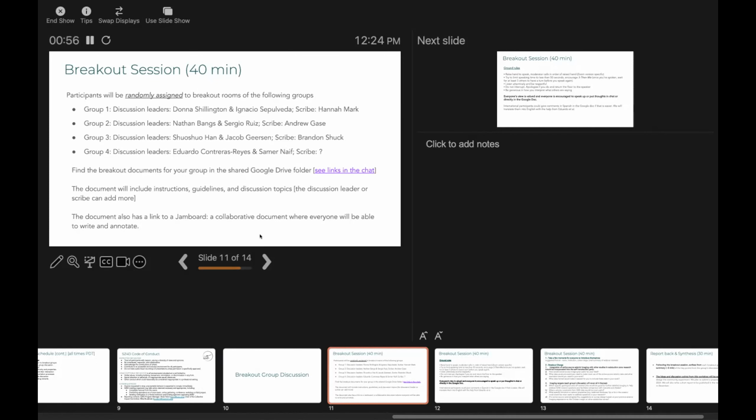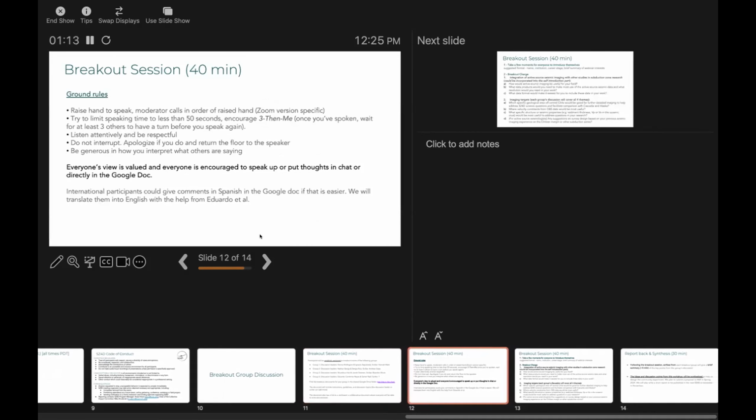Each group will have a document for the instructions, and we will also have a Jamboard where everyone can draw or write to discuss the line design.